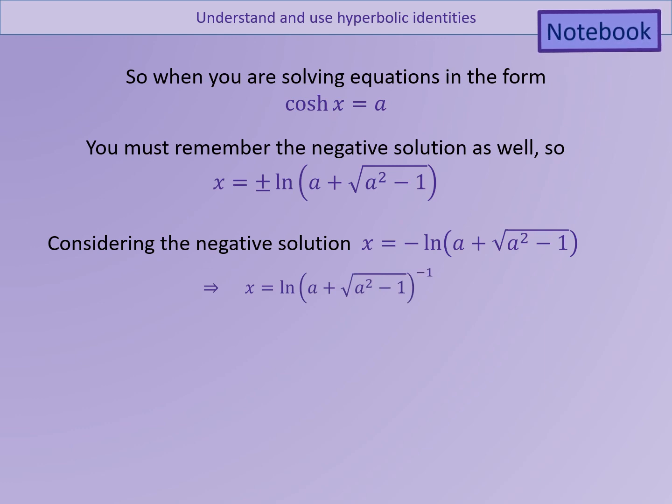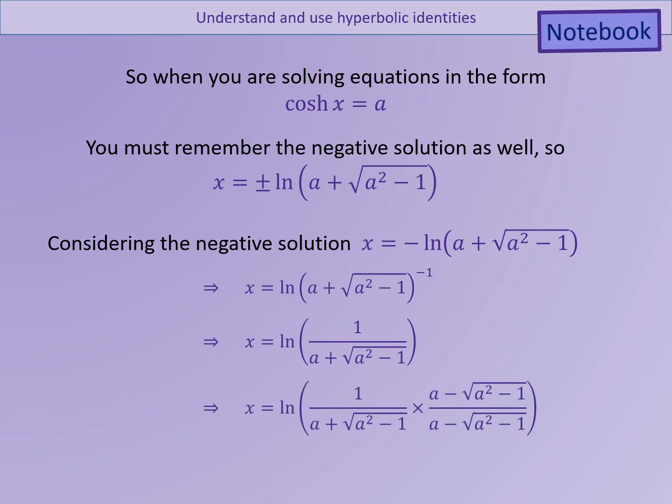We could use the laws of logarithms to take the minus up as a power. This would lead us to x = ln(1/(a + √(a² - 1))). This is just because the power -1 is the reciprocal.